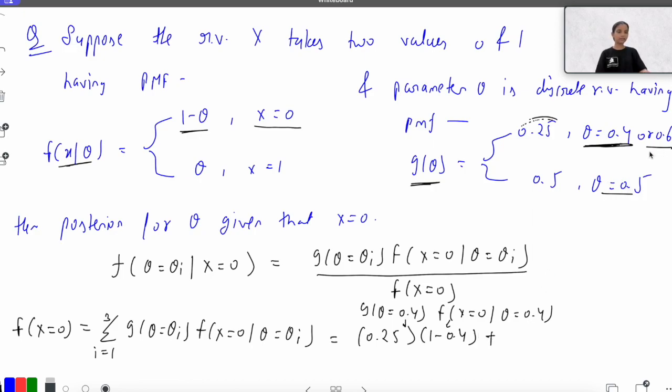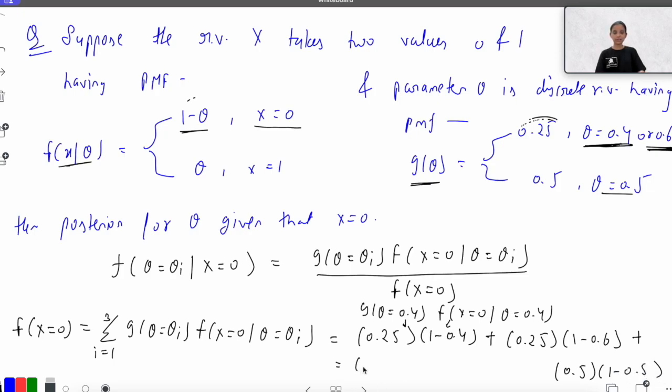Similarly, you can calculate it for 0.6, and that will be g of theta equal to 0.6, which is again 0.25, and f of x equals to 0 given that theta is equal to 0.6, that is 1 minus 0.6, plus g of theta equal to 0.5, which is 0.5, and here again for x equals to 0, 1 minus 0.5.